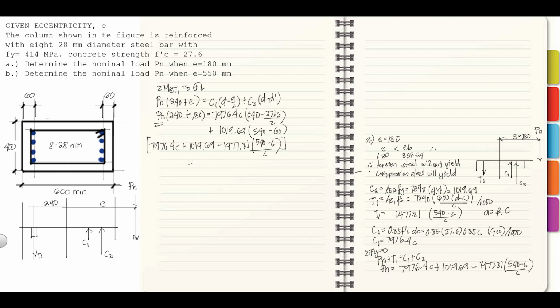We need to multiply this by 240 plus 180.